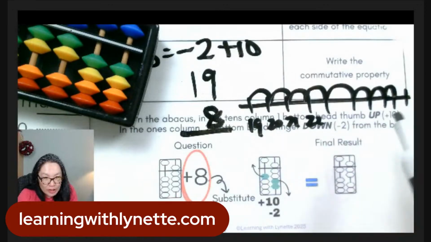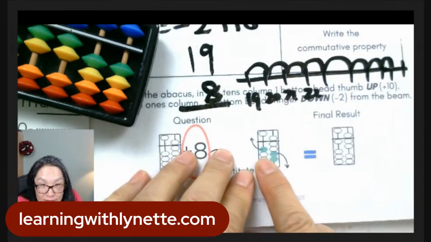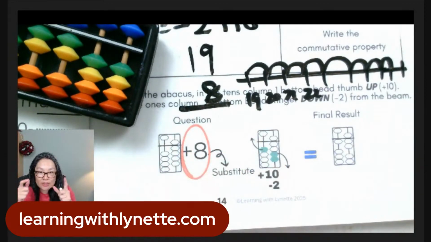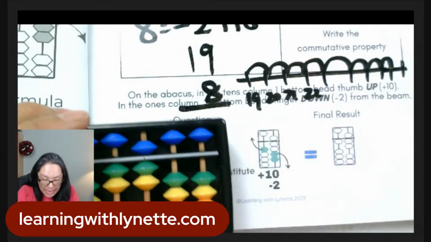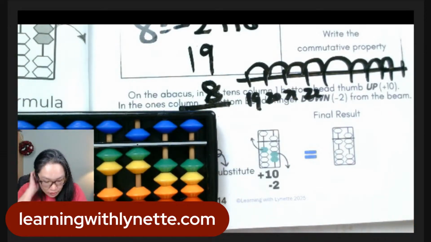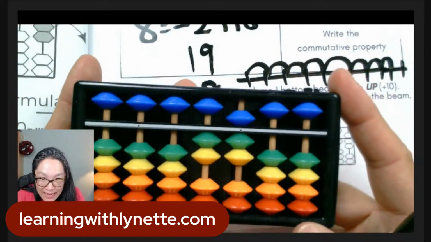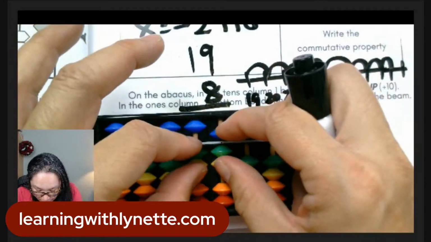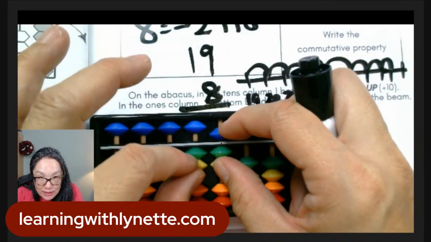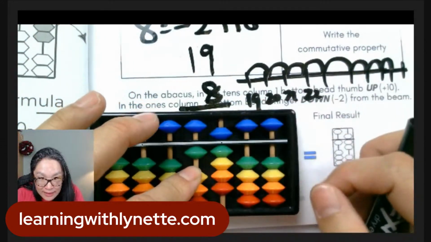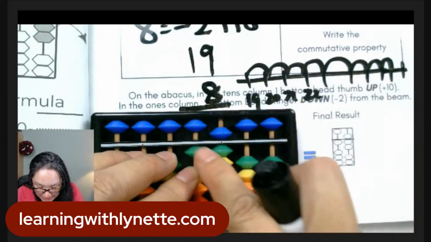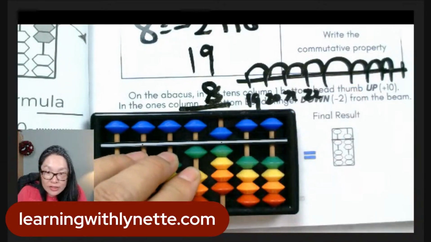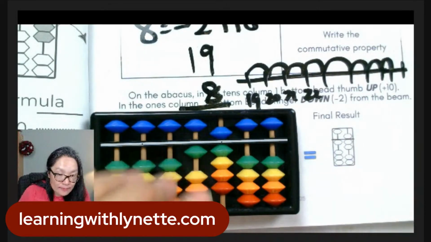Because it's still a picture, right? Even though I have the abacus as a picture, it still doesn't translate, which is very interesting. I'm a very visual person, but because I have it in my hand, because I can physically touch 18, 19, I have a better understanding of what 19 looks like.